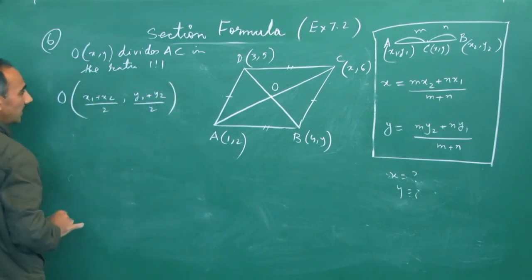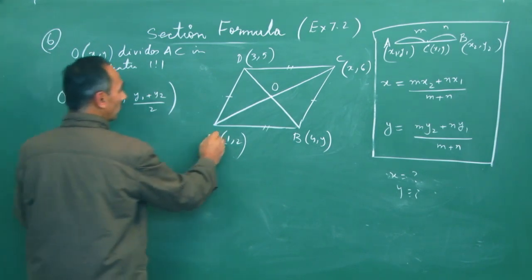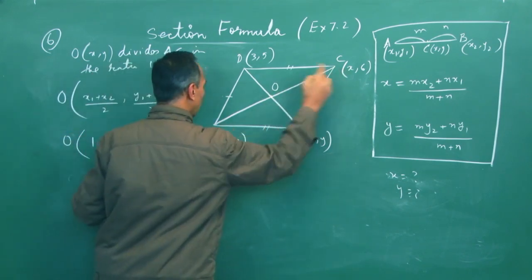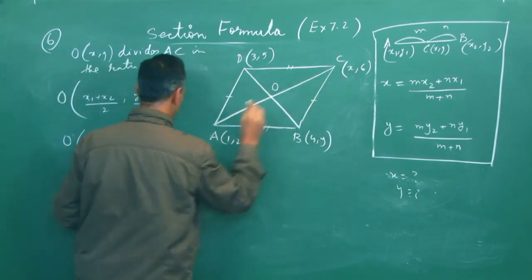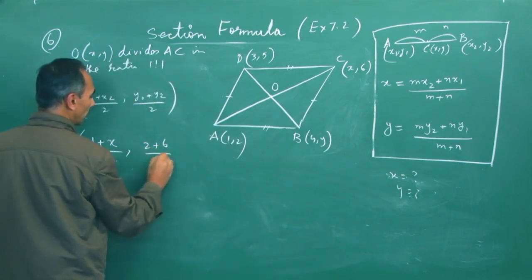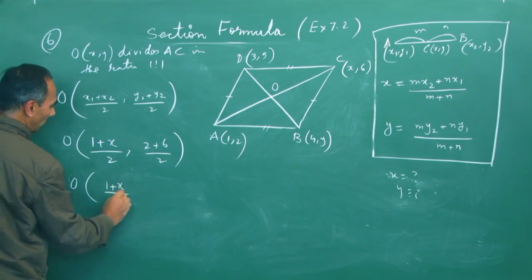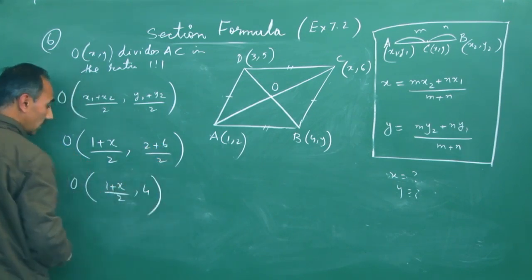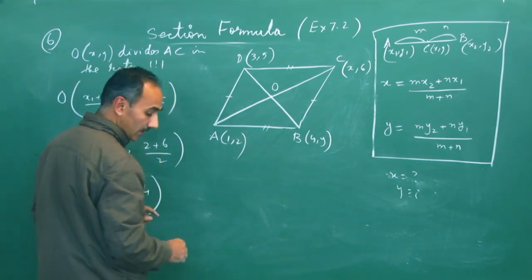Now focus on AC. x1 is 1, so the coordinates of O are 1 plus x upon 2, and 6 plus 2, 8, 8 by 2, that is 4. So you have prepared the coordinates of O using diagonal AC.